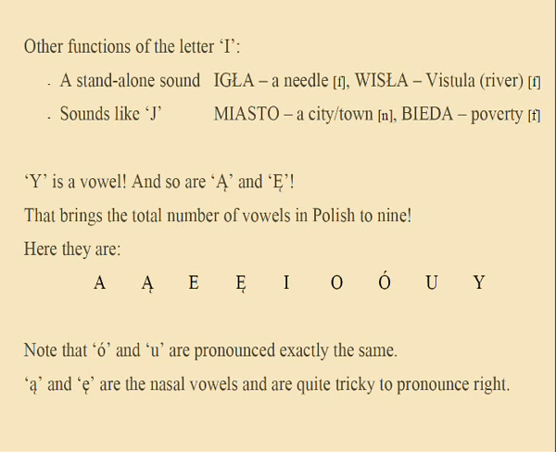The letter Y is a vowel in Polish and is pronounced somewhat like e. You can find it in the word mysz, which means a mouse, or być, which is to be. Other extra vowels are ą and ę. So there are 9 vowels in Polish.